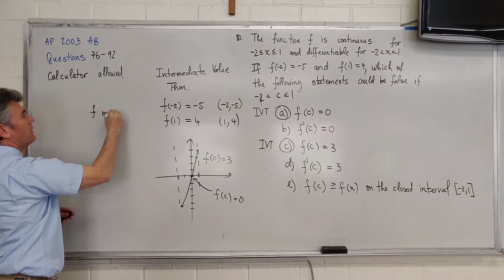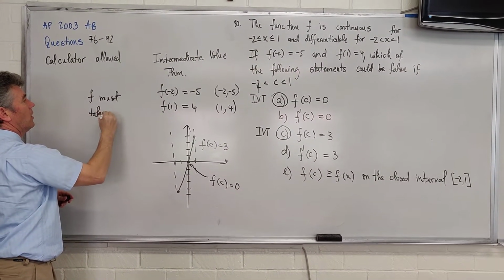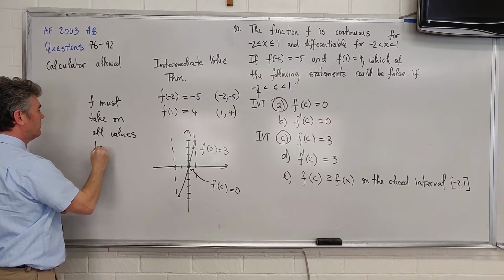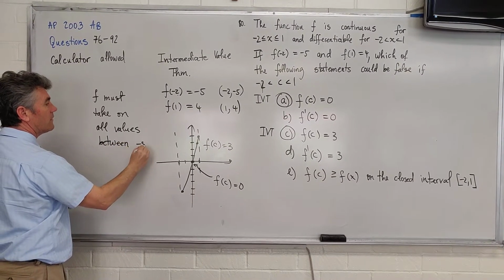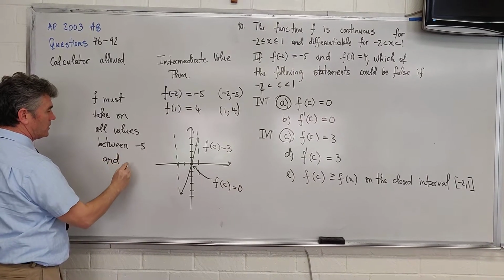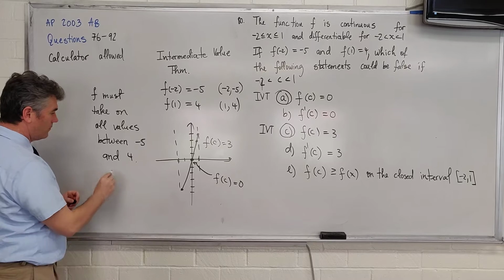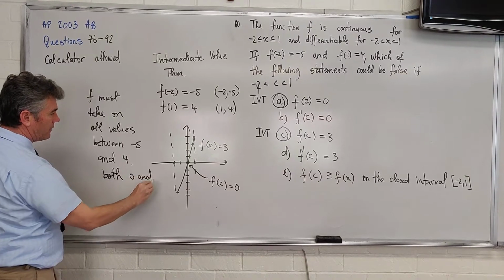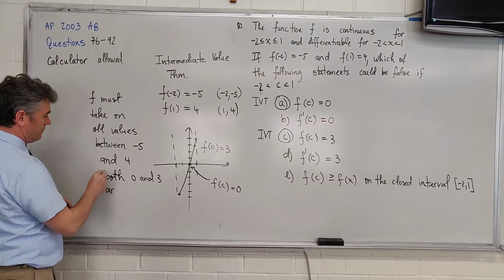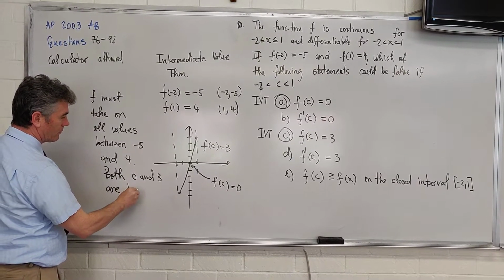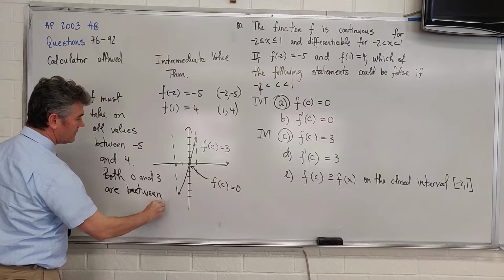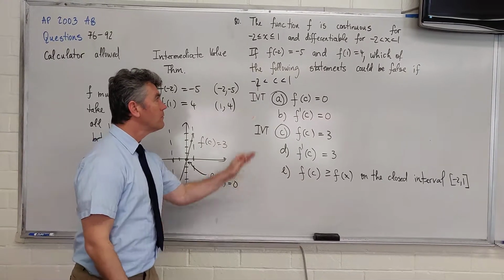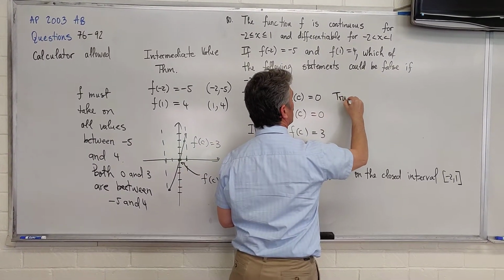So f must take on all values between negative 5 and positive 4, both 0 and 3 are between negative 5 and 4. Okay, so both A and C must be true.